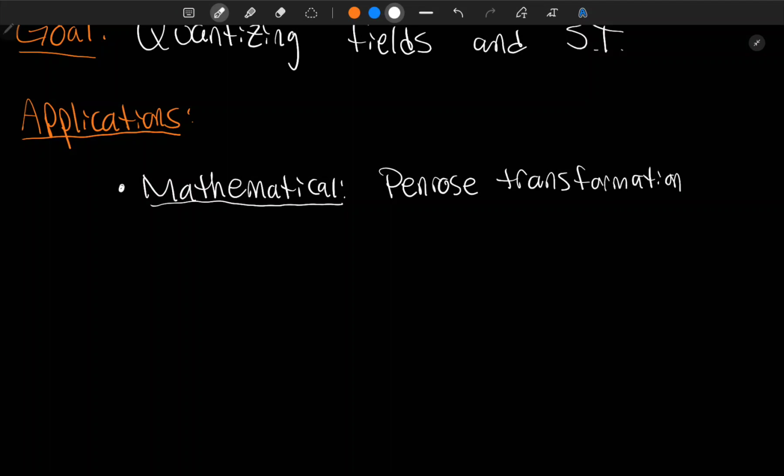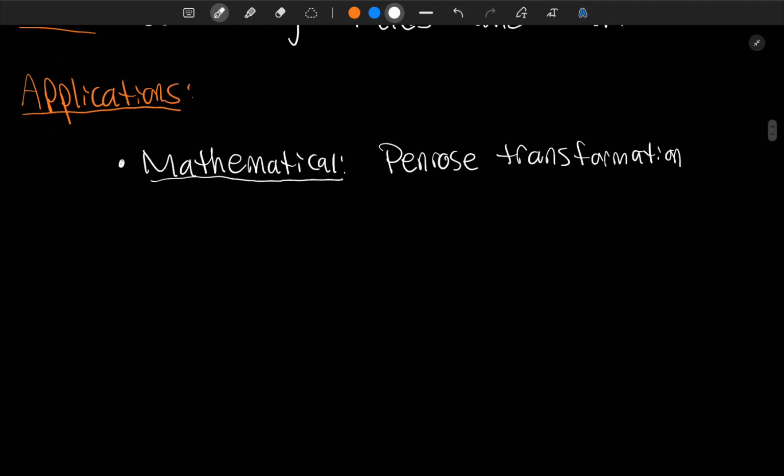And the Penrose transformation is interesting for mathematicians because it has certain geometrical features and complex analytic features.